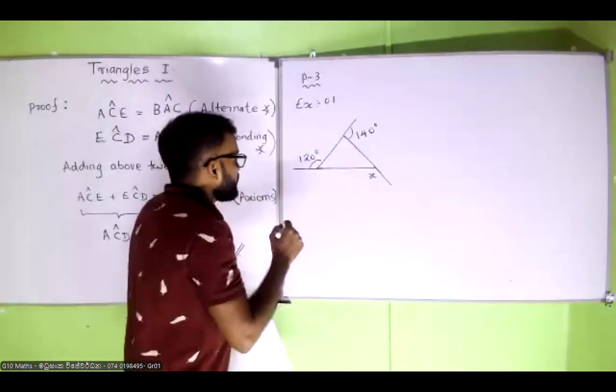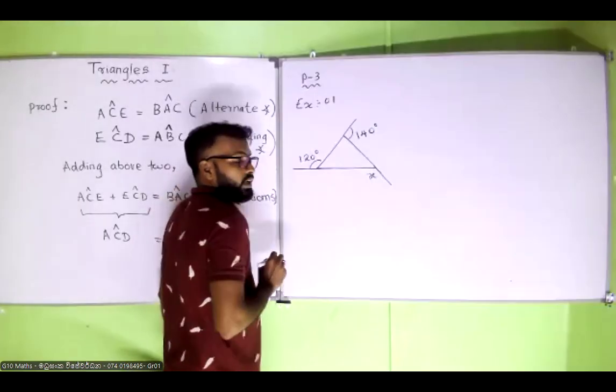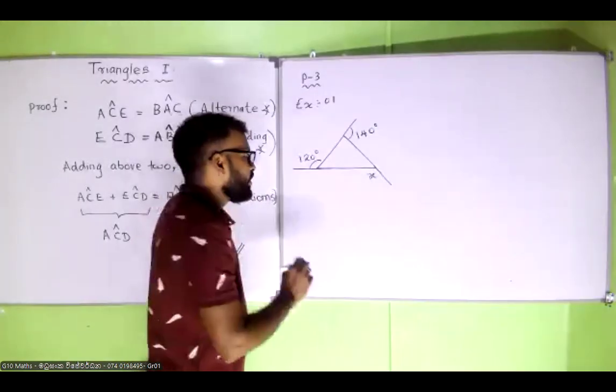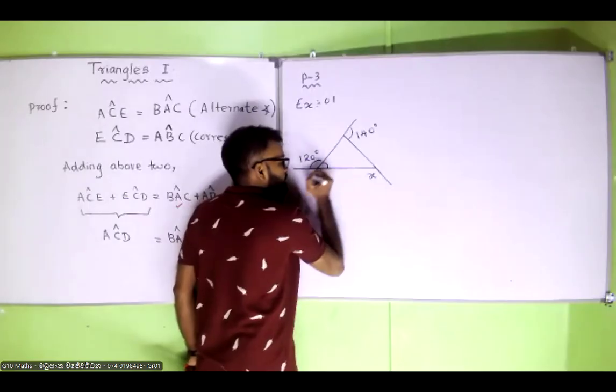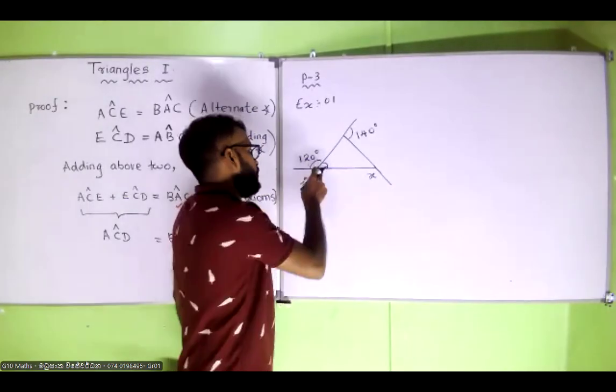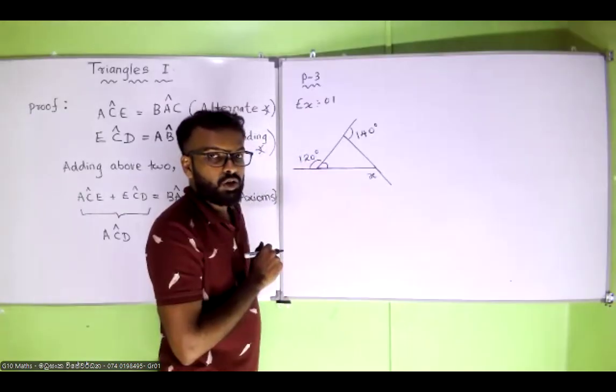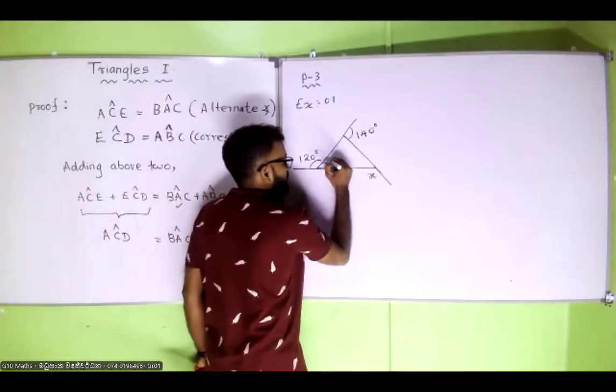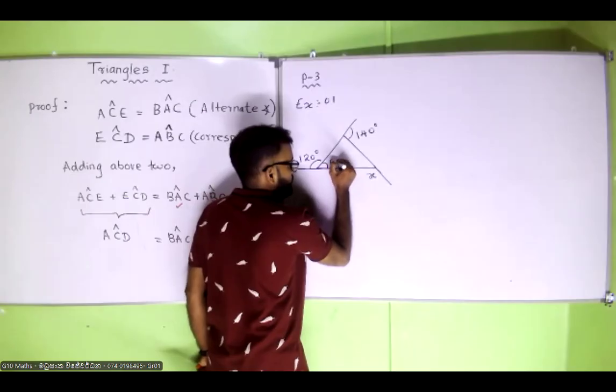So if we know this 120, we know how to find this. 180 minus 120 means this is 60.